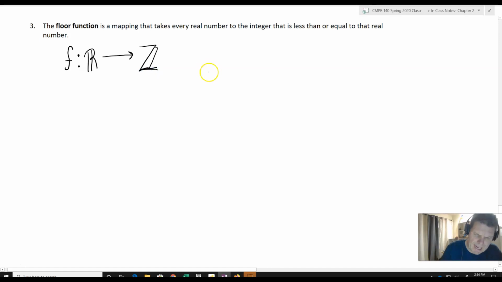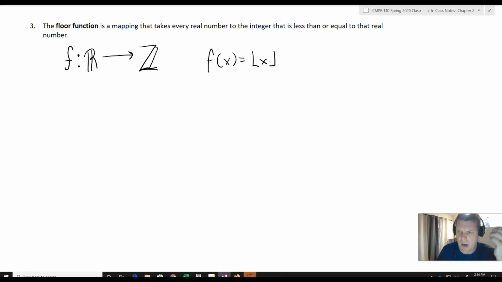Okay, and how we write it is f of x equals floor of x. What the floor function does is it'll take whatever value you have for x, and it will ascribe to it the largest integer value that is less than or equal to x.